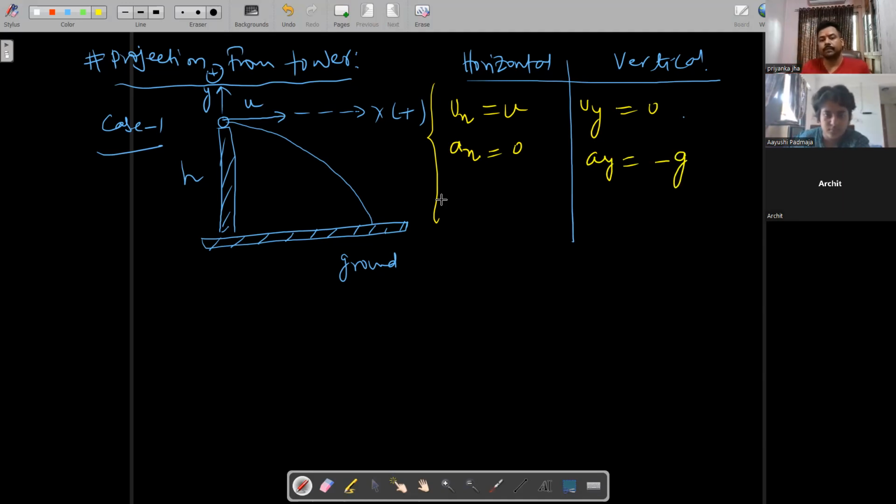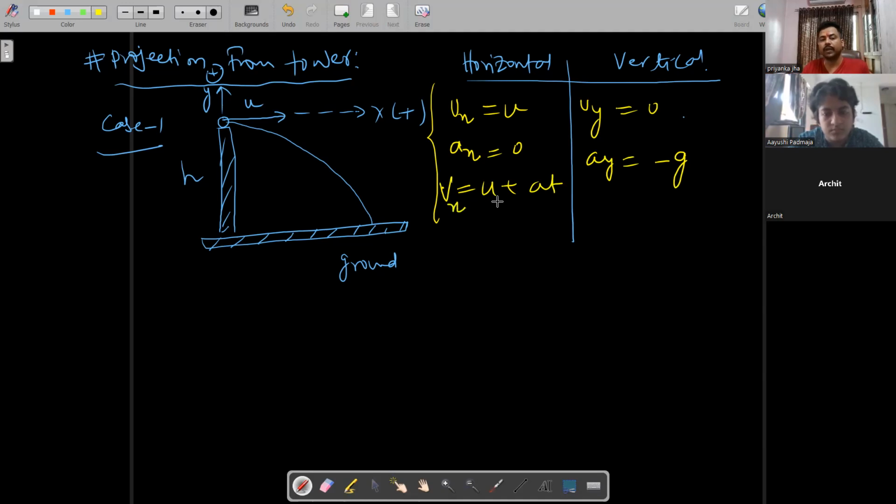So at any time, you know that because in the horizontal direction there is no external force and no acceleration, it won't affect the horizontal component of the velocity. So at any time you can apply the formula v equals u plus at. We are talking about the x direction, the horizontal component.